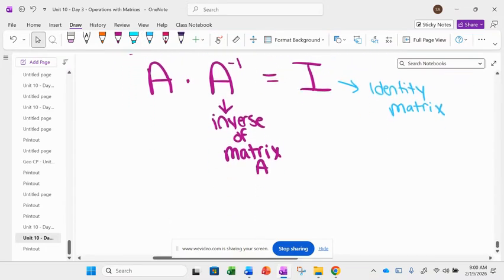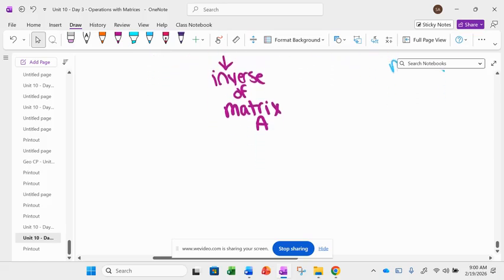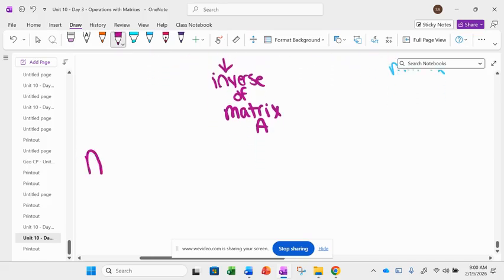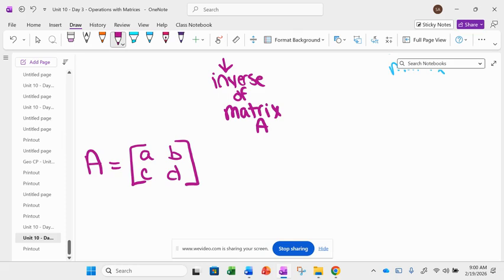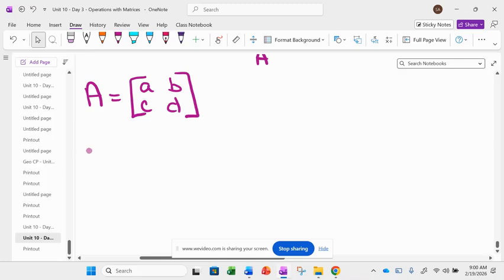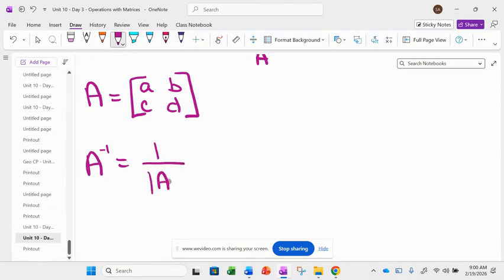Okay, so how are we going to now find the inverse of a matrix? Well, let's say I have matrix A is A, B, C, D. To find the inverse of A, what we're going to do, and it's going to be a little bit of a process, you're going to do 1 over straight lines A. This is not the absolute value of A. In the world of matrices, what do these lines represent?